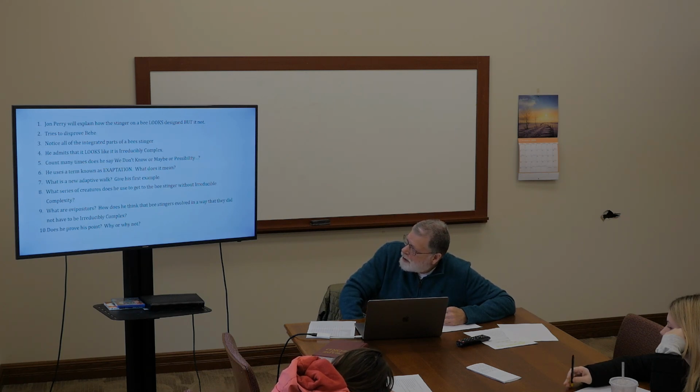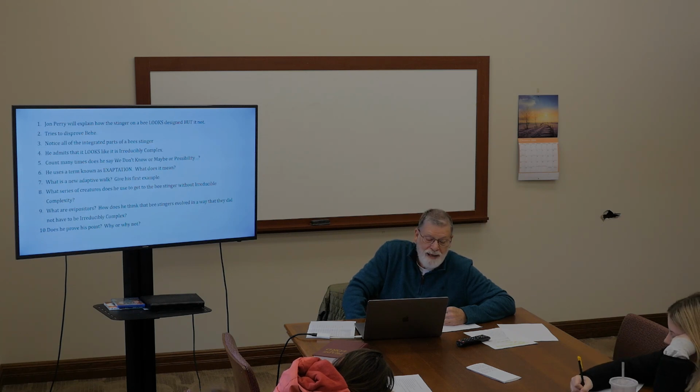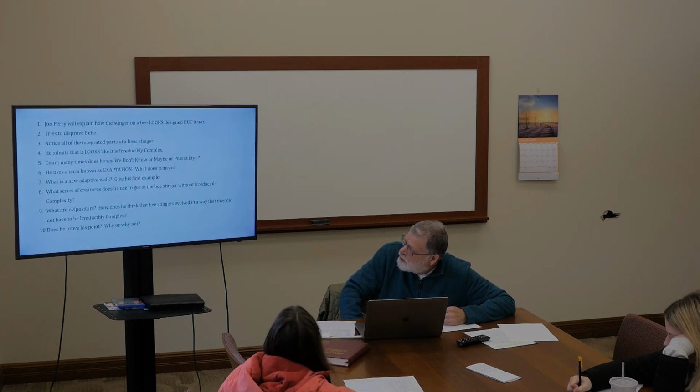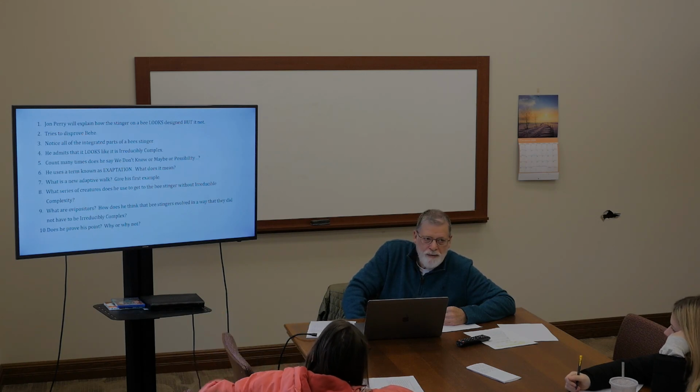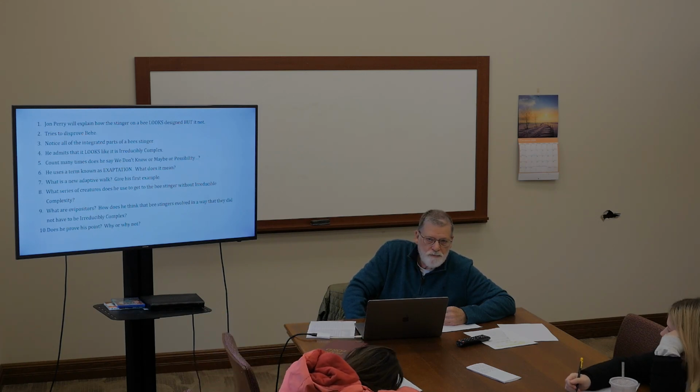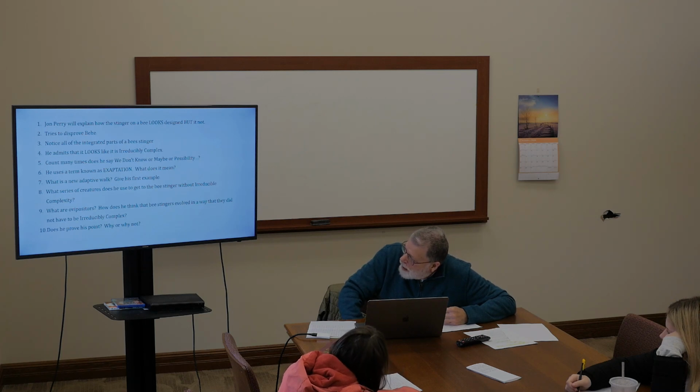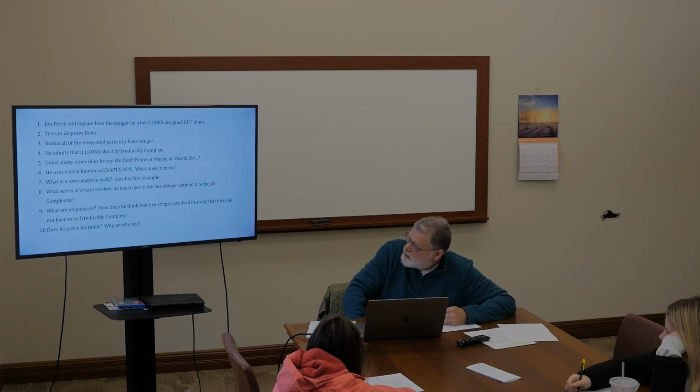And he's also going to talk about something called an adaptive walk. I want you to know what that means and tell me the first example he uses for an adaptive walk. I think it's silly. What series of creatures does he use to get to the bee stinger without irreducible complexity? There's going to be a series. What are ovipositors?